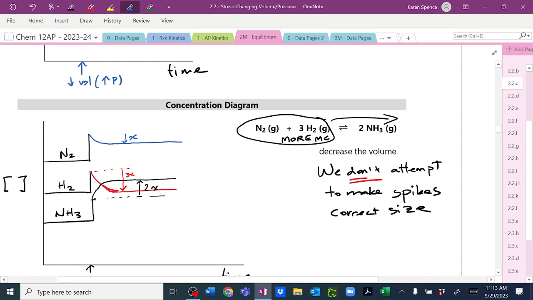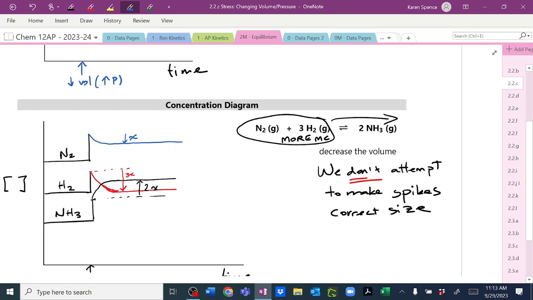They are unrelated to each other. Where the NH3 started does not affect where the H2 ends up. Those are unrelated concepts. It doesn't matter because the spike is arbitrary.